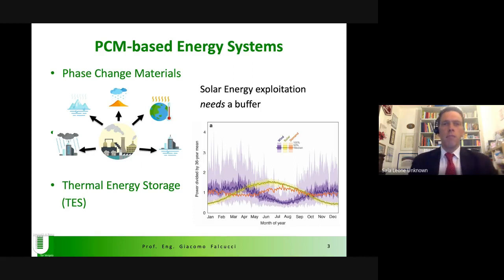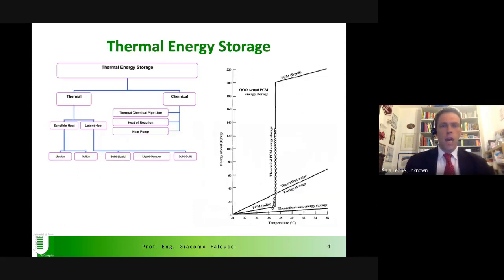And there are many ways of doing this buffer, and we focus on thermal energy storage. That is, we will try to store the energy from the sun in its thermal form and make it available when it can be required from the net. Okay, so thermal energy storage can be divided into thermal and chemical species. We will not focus on chemical, but just on thermal, and thermal can be divided into sensible and latent heat storage.